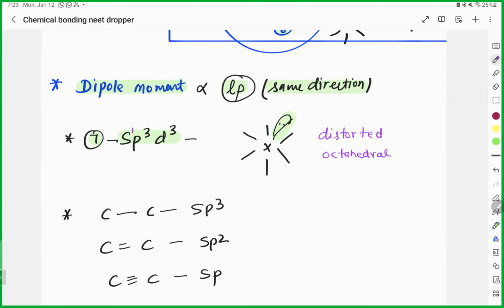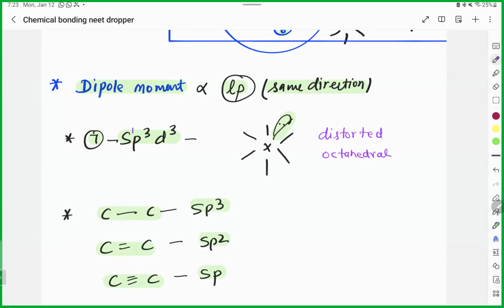Okay. And last, if you take a carbon-carbon single bond, it is sp3 hybridization, carbon-carbon double bond is sp2 hybridization, and carbon-carbon triple bond is sp hybridization. We know this from organic chemistry.